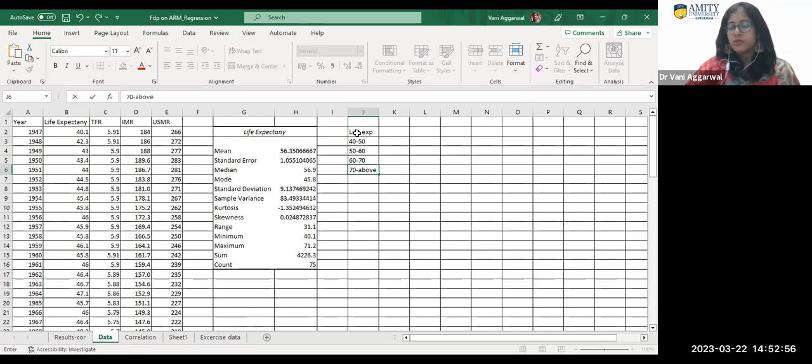Clear? So for histogram, the first requirement is to create intervals, because here this is not continuous data, this is discrete data, right? And histogram is possible in this.